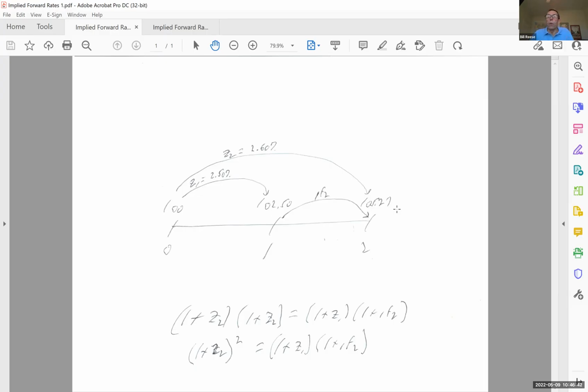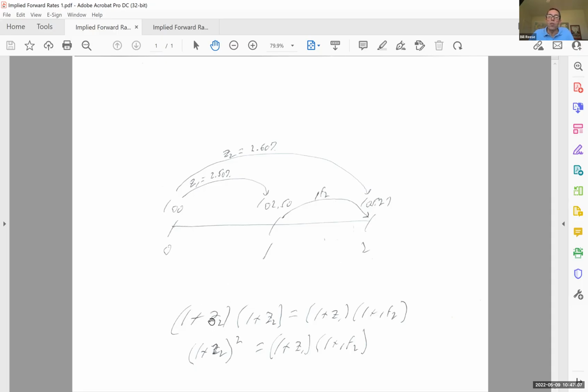So how do we find that? Well, the idea is that 1F2 is going to be the rate that gives us the same amount of money at time 2, whichever path we take, going from 0 to 2 with Z2, or going 0 to 1 with Z1, and then 1 to 2 with 1F2. So we set them equal to each other. Going from 0 to 2 is getting Z2 twice.